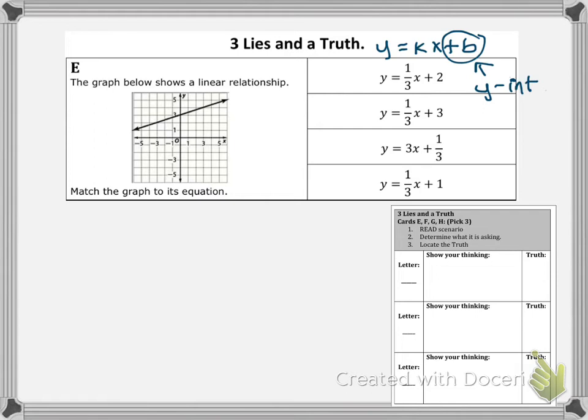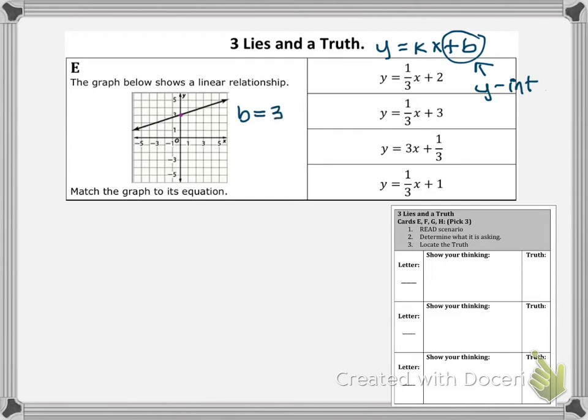And so if we look at our graph here, this dot right here is where the line crosses the y-axis right there at that dot. Okay, so that is at a positive 3. And so what that means is that B equals positive 3.